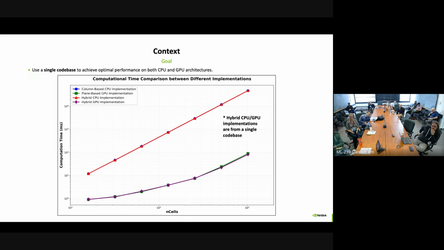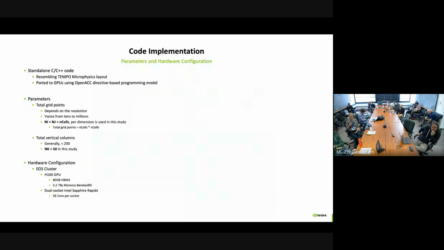And the purple line, which is the hybrid GPU implementation, is aligning with the plane-based GPU implementation. So we are trying to get the best from both layouts. Here the hybrid implementation is a single code base where we just switch one parameter, the stride, and that allows us to switch between optimal CPU and GPU performance.